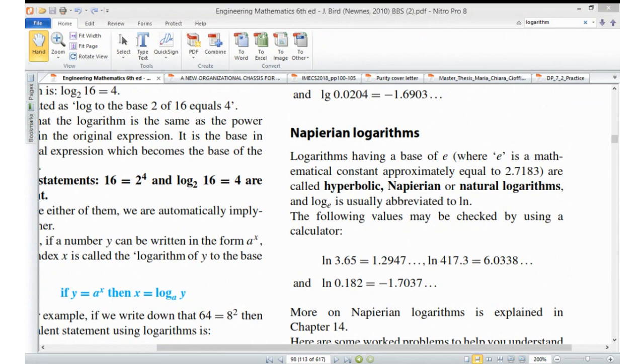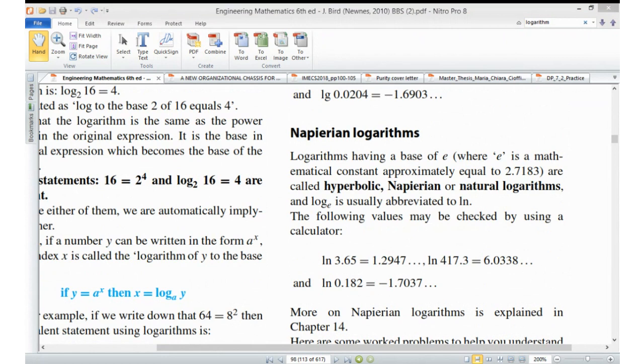But because you've studied the topic of logs, you must know that two types of logarithms exist: natural logs and common logarithms.